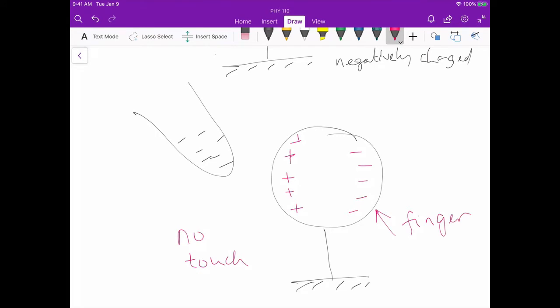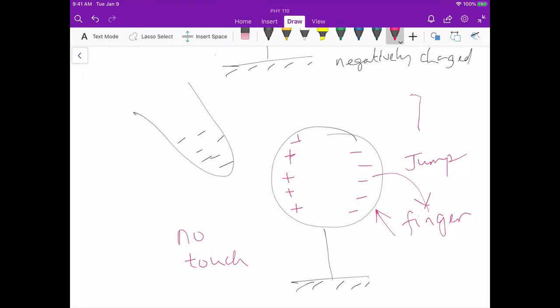Those electrons will jump to your body. They were looking for an escape anyway. They will jump into your body because humans mostly conduct electricity, and those charges normally jump to your finger. They will leave the metallic object positively charged. The electrons jump from the metallic sphere to your finger and your body.